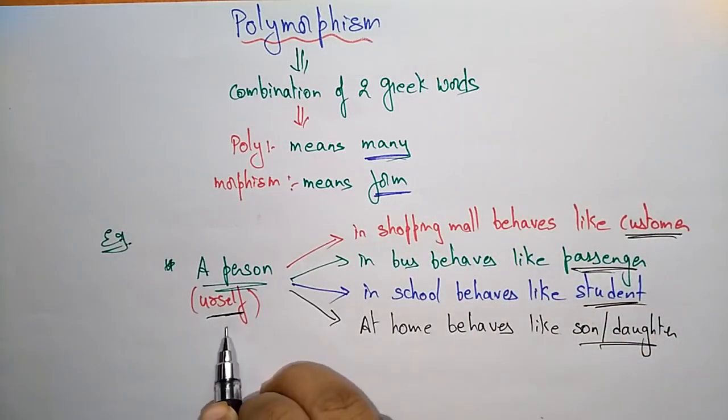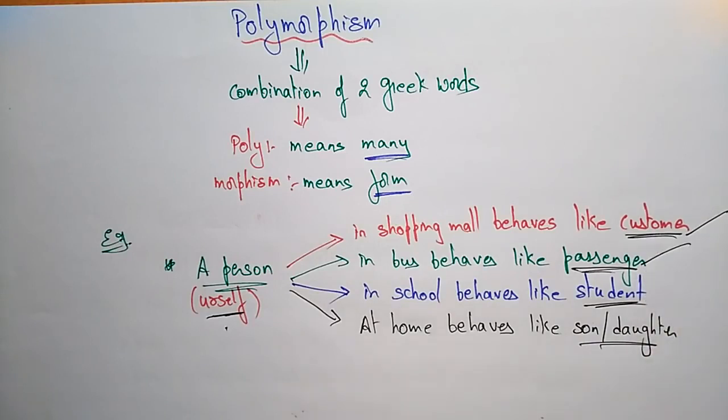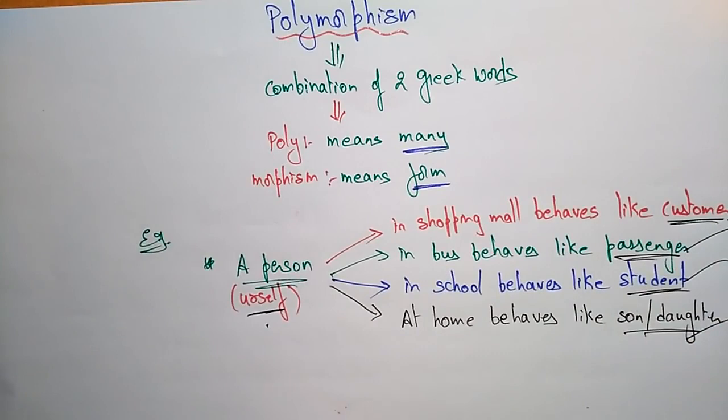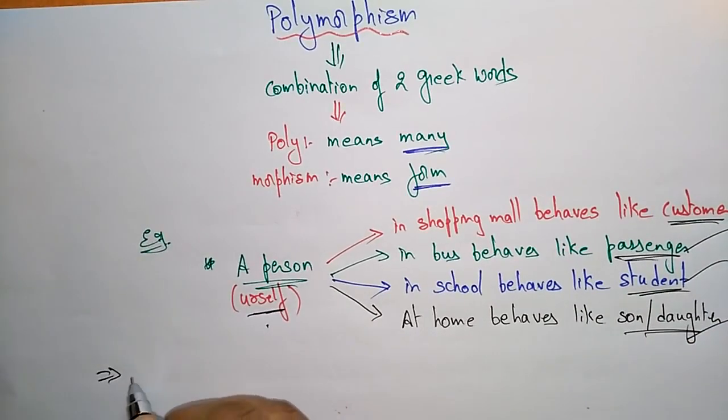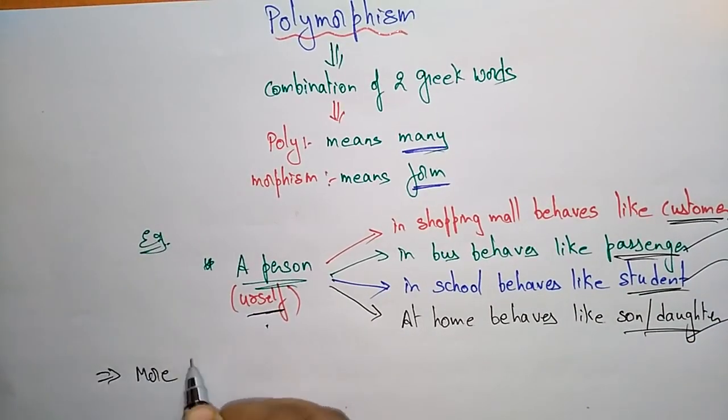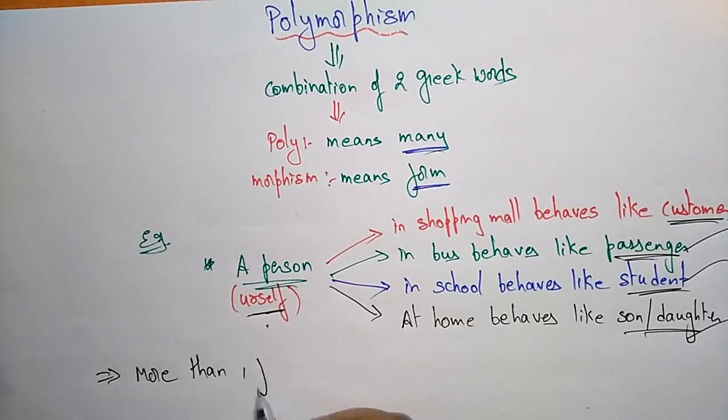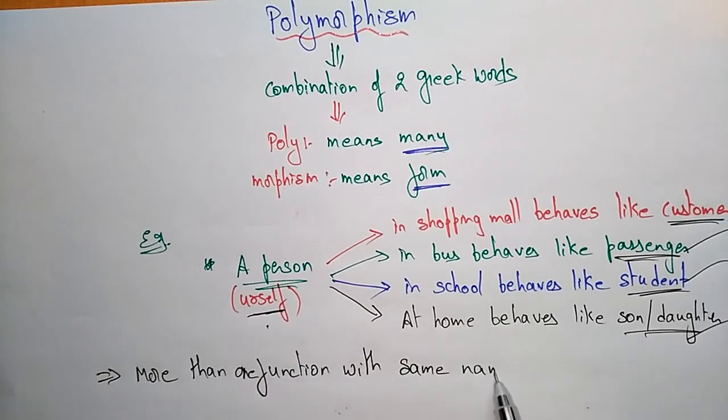So here one person is acting like a customer, a passenger, a student, and a son or a daughter. So this is polymorphism. Polymorphism means more than one function with the same name but with different working.